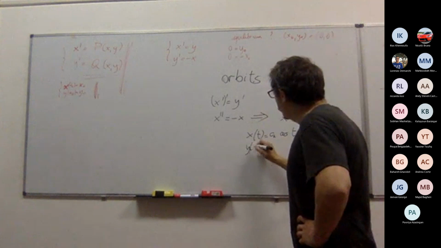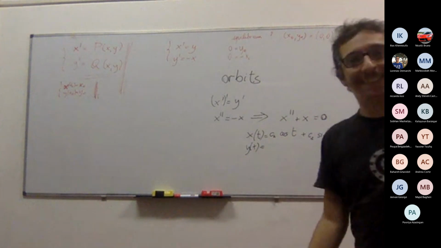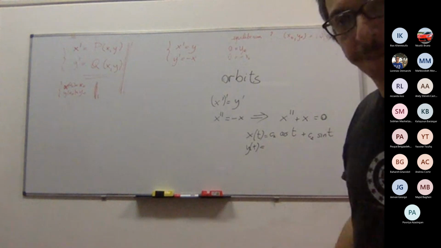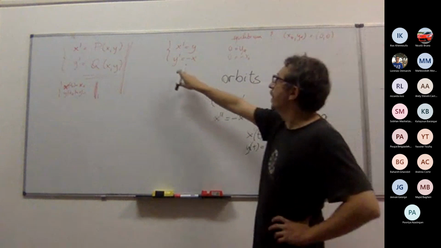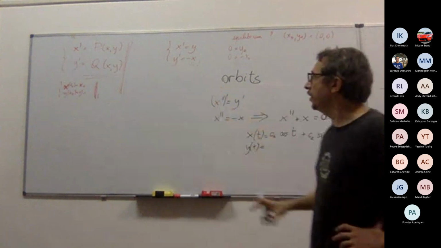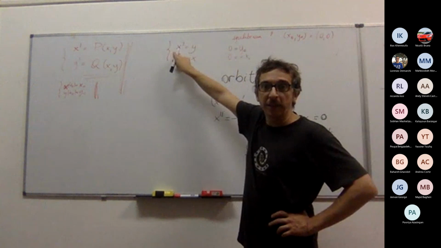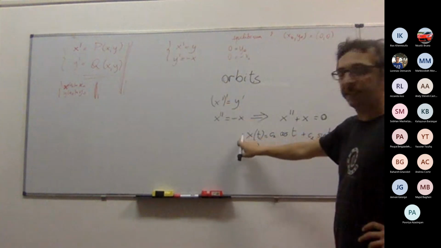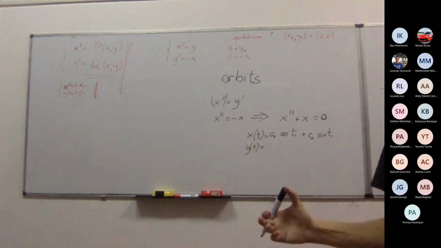And this also gives you, for free, y(t), the second function. Why? Because you already know that y is equal to x prime. So what you have to do is just to differentiate x(t), and this will give you y.